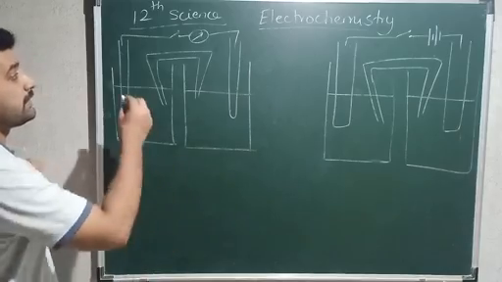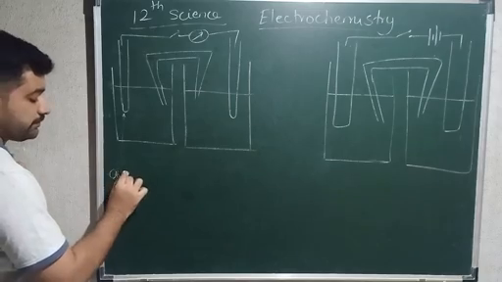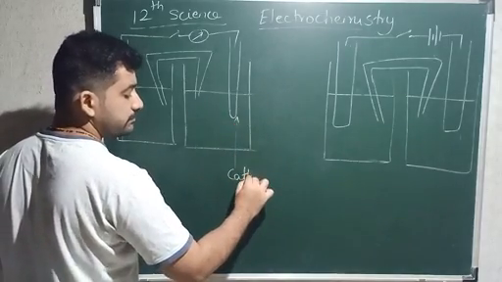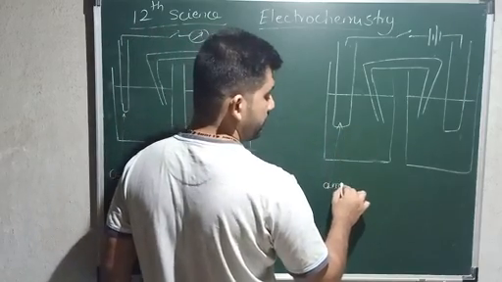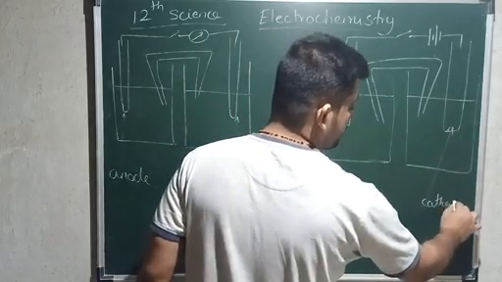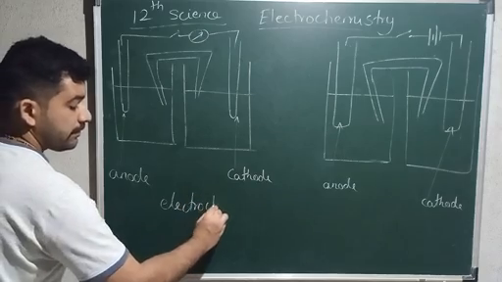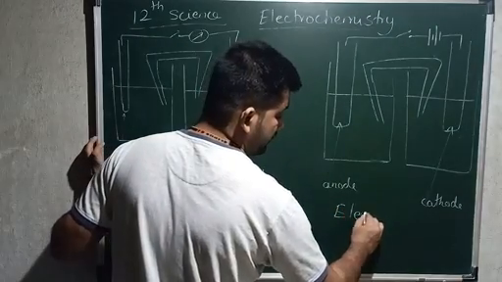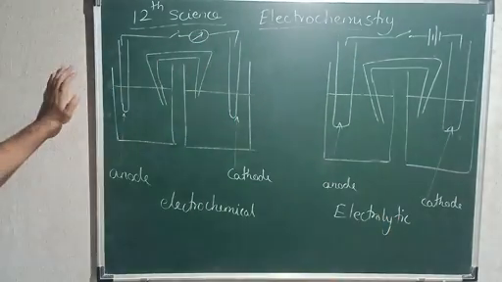Now we will say that this part over here is the anode, this is the cathode, this over here is the anode, and this is the cathode. This is an example of an electrochemical cell, and this is an electrolytic cell.